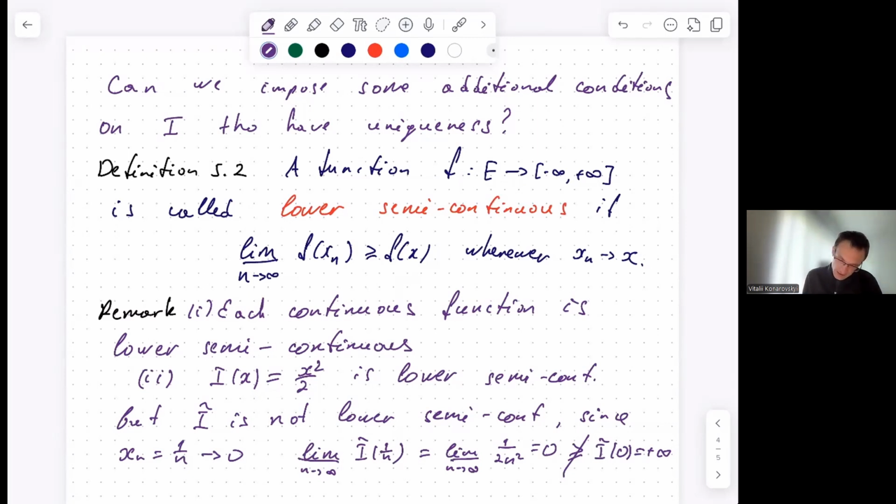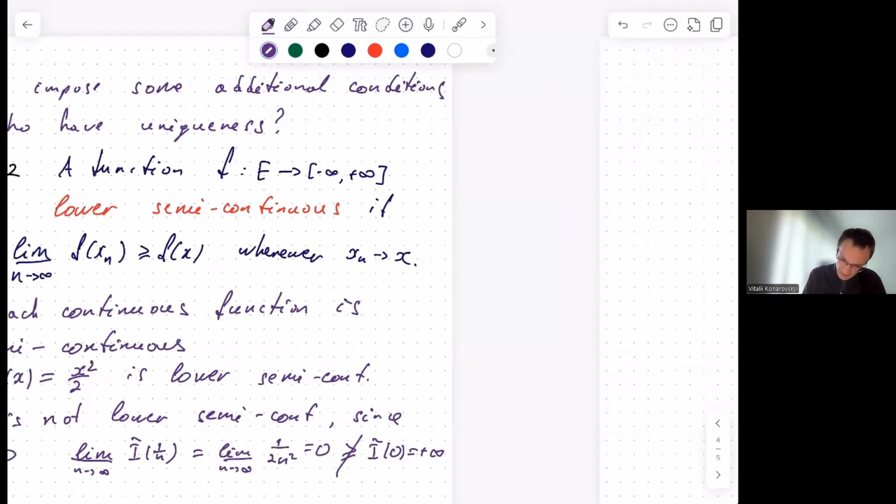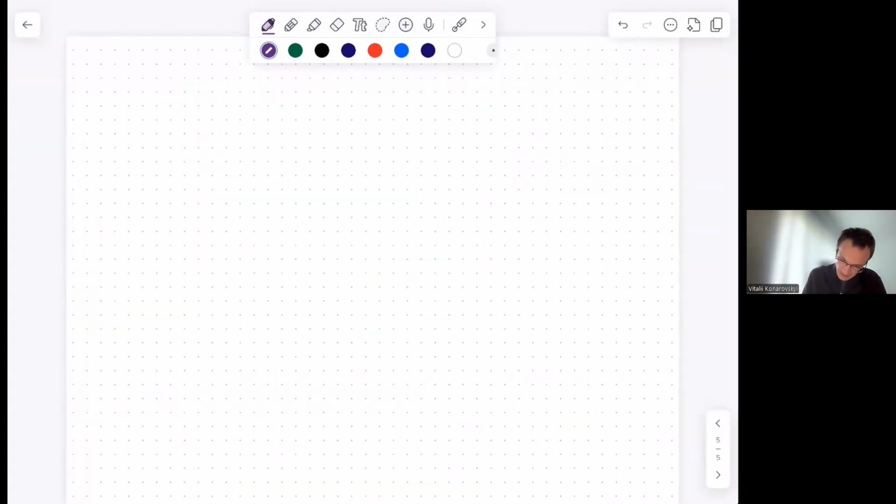There is another characterization of lower semi-continuous functions that allows you to work with that type of functions in some cases easier, and that we will formulate as Lemma 5.4.